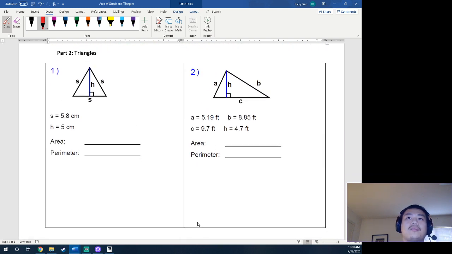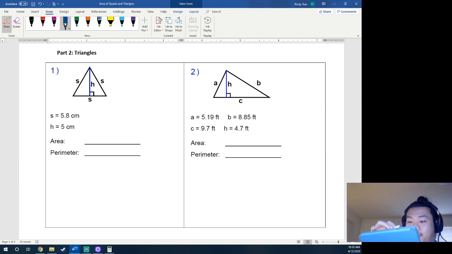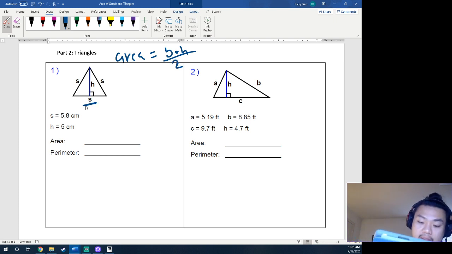All right. Now, with the triangles, it's going to be base times height divided by 2. So the area of a triangle is base times height divided by 2. In this case for number 1, our base is here and our height is here, so it's going to be 5.8 times 5 divided by 2.